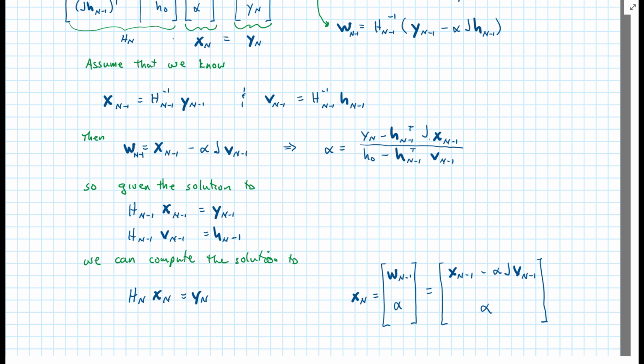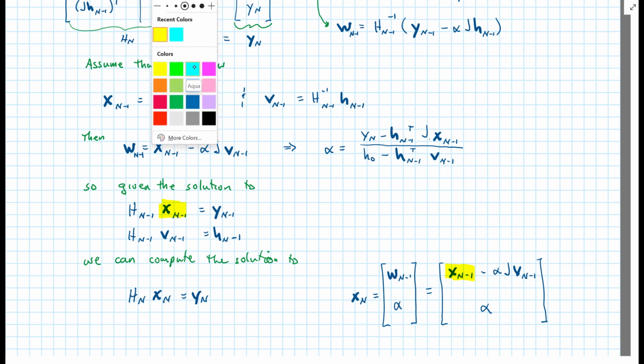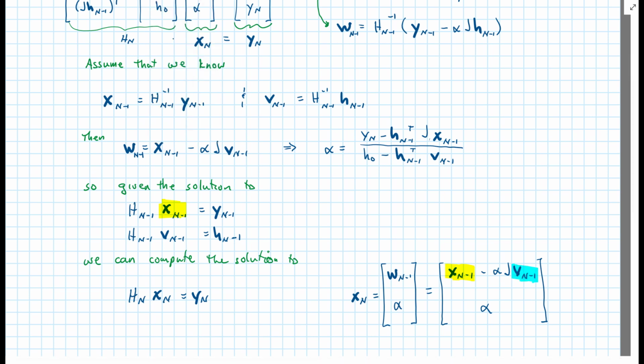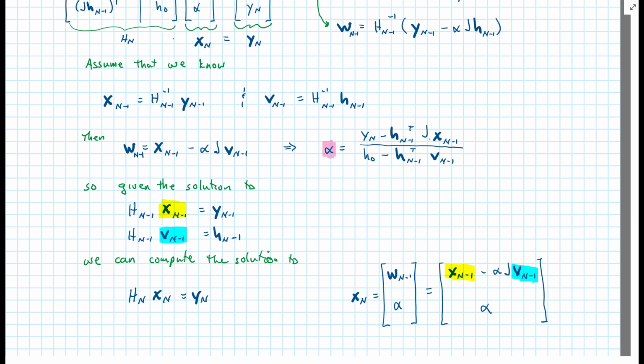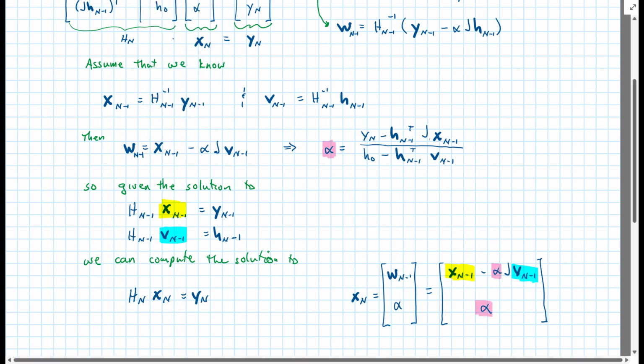We get alpha there. And so this term we have is the solution to that one. This term we have as the solution to this problem. And alpha we have computed up above.